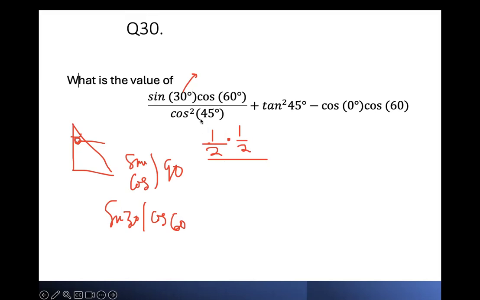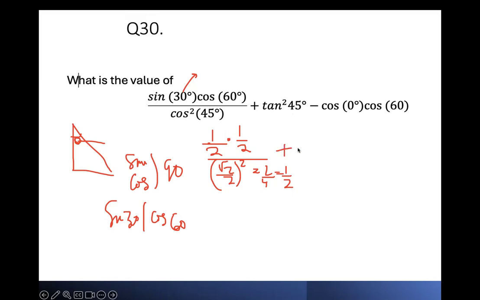Cos 45, you got to use the 45 angle. This is square root of 2 over 2. And if you square this, what do you think is going to happen? 2 over 4, and that will still remain 1 over 2. Right? And tan 45 squared is 1.